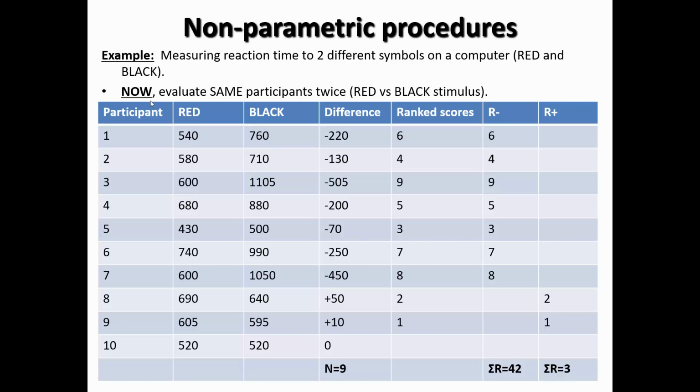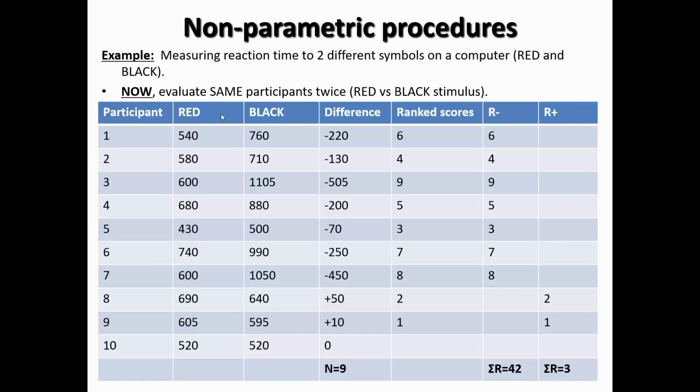Now, in this case, we have 10 research participants, and each participant was measured twice. So each participant had the reaction time measured to a red stimulus, and then some point later, they had the reaction time measured to a black stimulus on a computer screen.